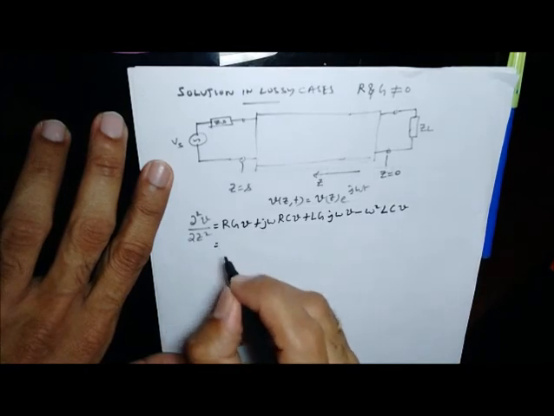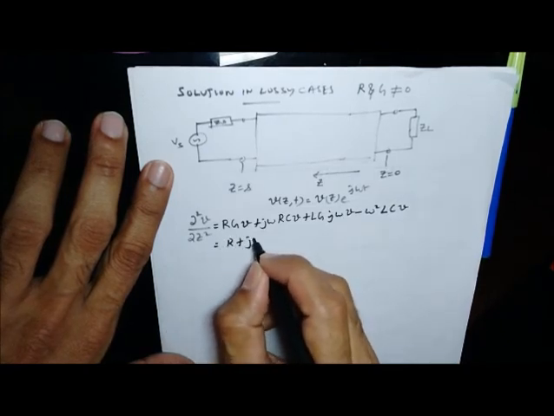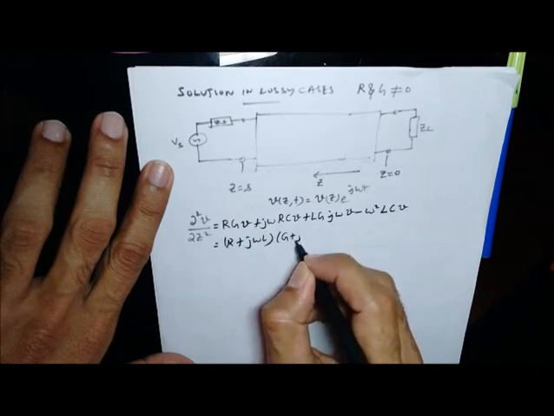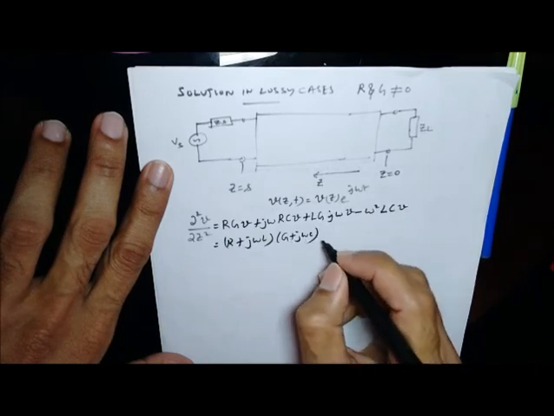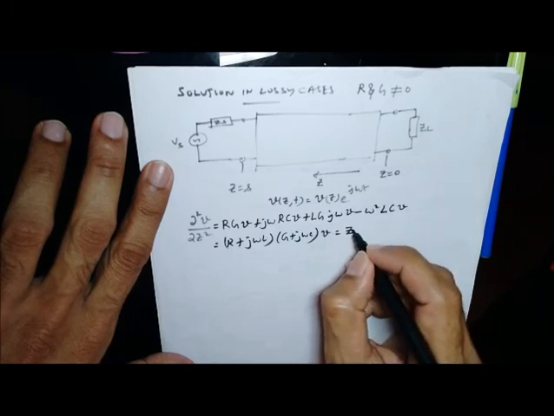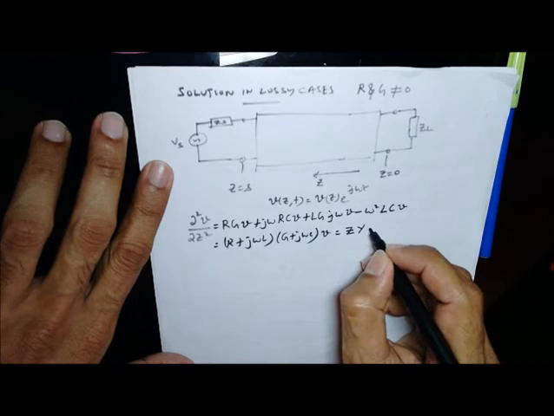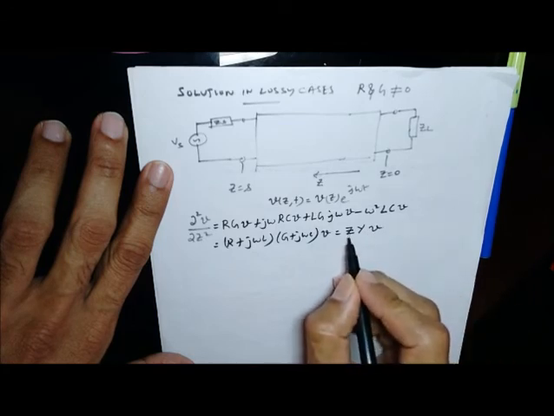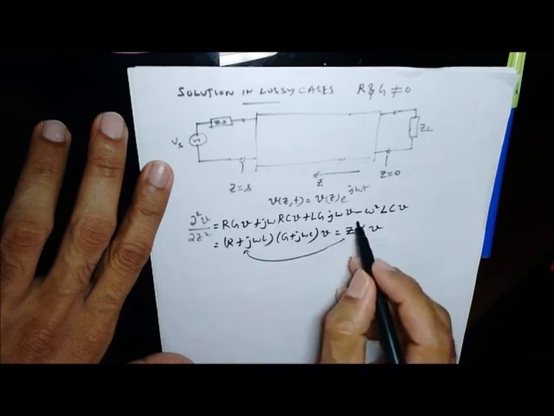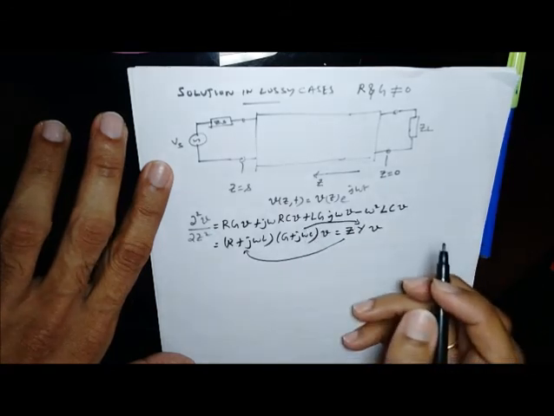We can rewrite this as R plus j omega L into G plus j omega C into V, which I will write as Z into Y into V. So Z is this and Y is this.